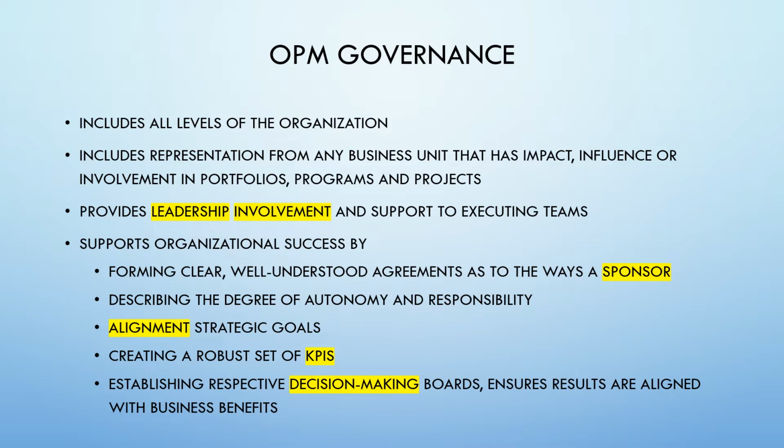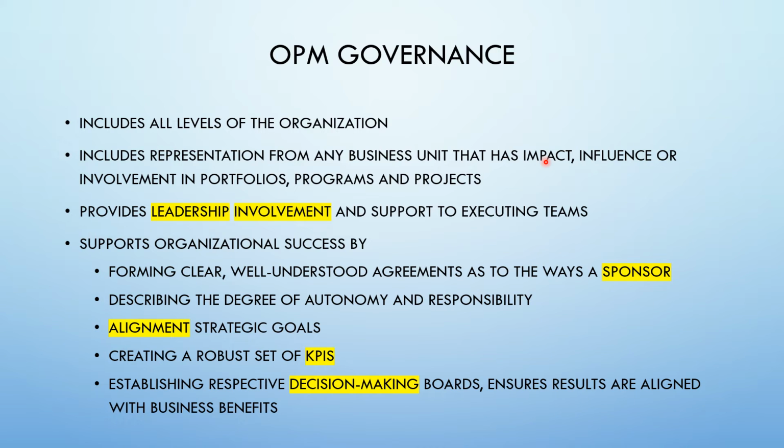It will navigate from executive, portfolio, program and projects, even in operations as well. OPM governance includes representation from any business unit that has impact, influence or involvement in portfolios, programs and projects. Right? So OPM governance may not be the portfolio leader or executive leader. It can be anyone from any business unit.